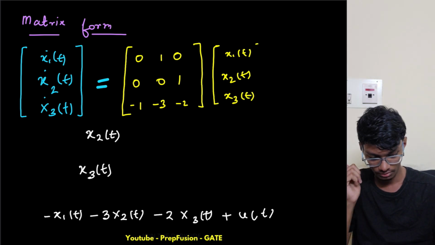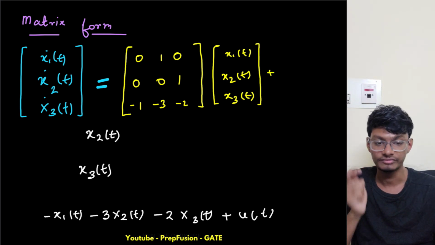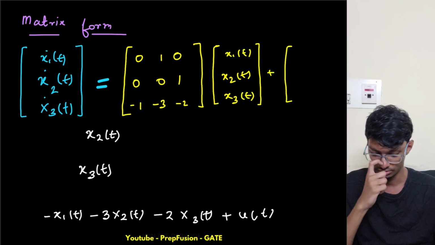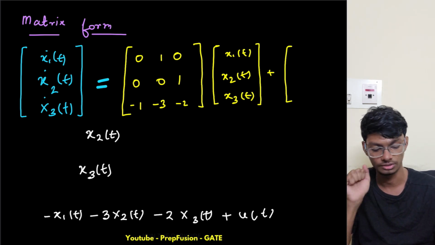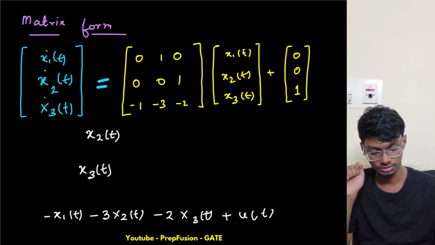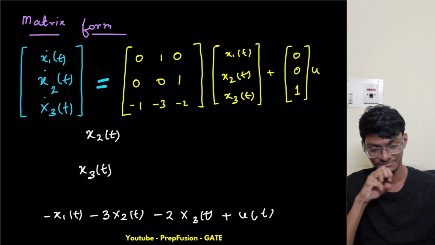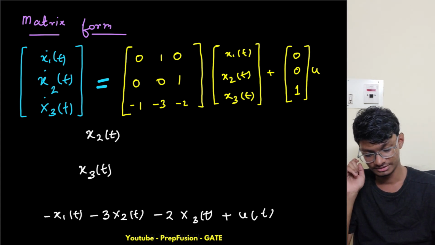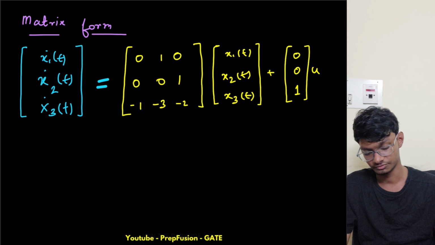And we have the input also. Only x3 dot of t depends on the input, so the others will be 0 0 1, and this is u. So this is basically the state equation in matrix form.